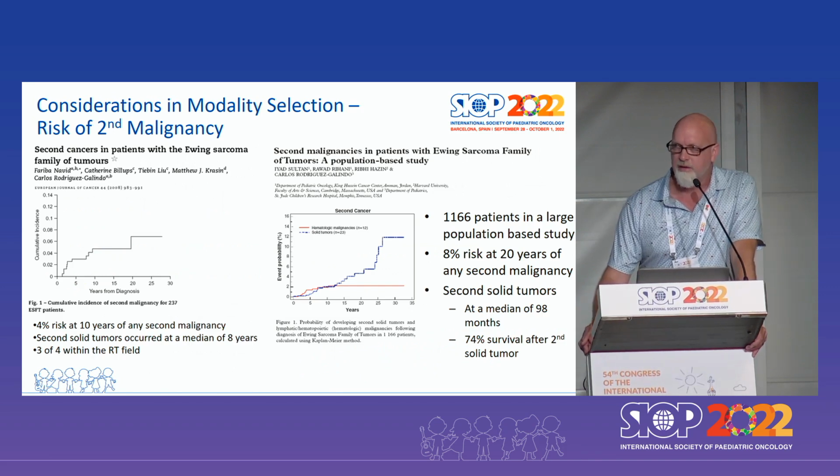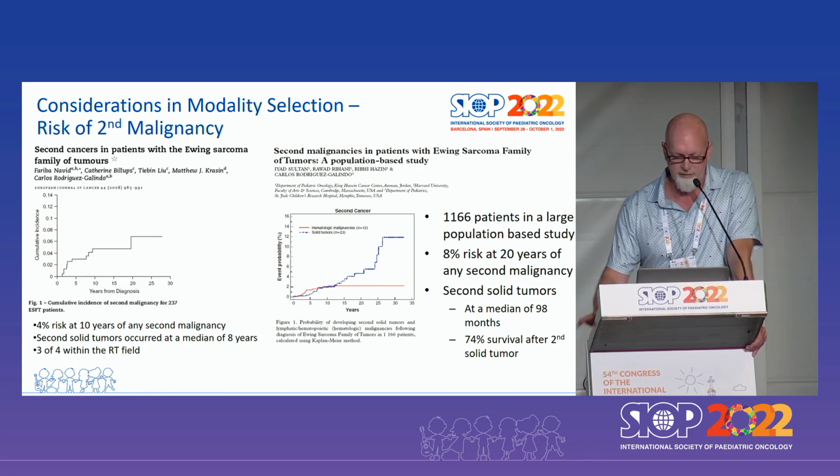The other thing that drives modality selection a bit is the concern of second malignancy. In patients with Ewing sarcoma, that number isn't 0. It seems to hover somewhere around high single-digit percentages of 5 to 10%. There are some data sets that suggest it may be higher, but these two publications give us some examples. There's about a 4% risk at 10 years, and then secondary solid tumors seem to occur at a median of about 8 years, with the majority in a radiation field.